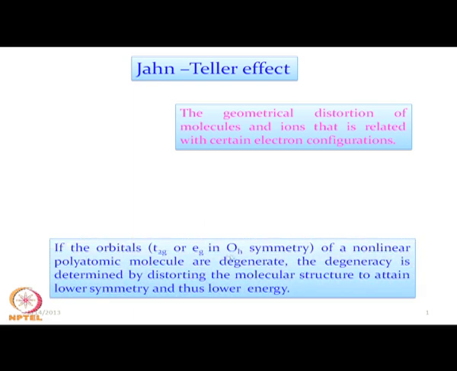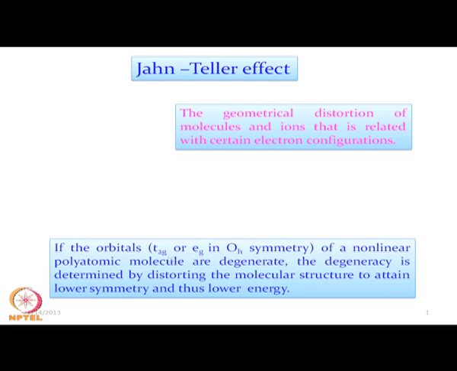In octahedral symmetry, we have seen that we can have the t2g and eg sets of orbitals. They are already split in a particular octahedral symmetry. If they are present in a nonlinear polyatomic molecule and if they are degenerate, that means within the t2g set we have the dxy, dxz and dyz orbitals, and in the eg set we have the dx square minus y square and dz square orbitals.